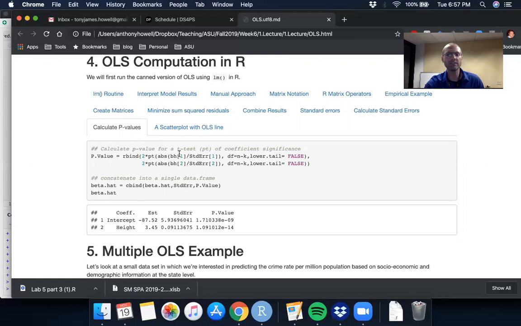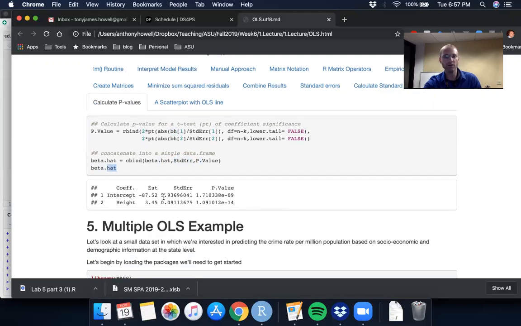And we use a t-test, which we use with the pt in R, and we show whether or not the standard error uncertainty estimate surrounding our coefficient estimates is statistically significantly different from 0. So we can combine our coefficients, our standard errors, and our p-values together.